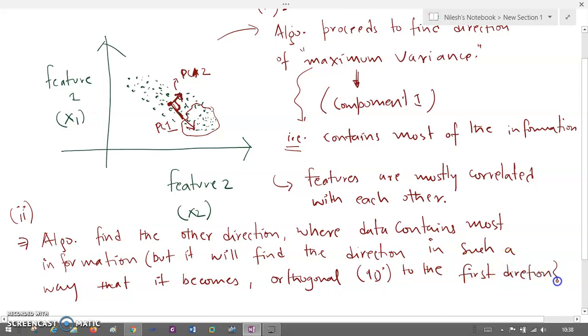Are you getting this? I hope you are getting this. Okay, so the first step is to get the maximum variance and put your arrow towards there, and then the second step is to find the next maximum variance where the most possible valuable information is available, but the direction is going to be orthogonal to the first direction, that is, a 90° angle to the first principal component. So if I talk about only 2D, when I say two dimensions, why only two principal components, and why do we have only two directions?